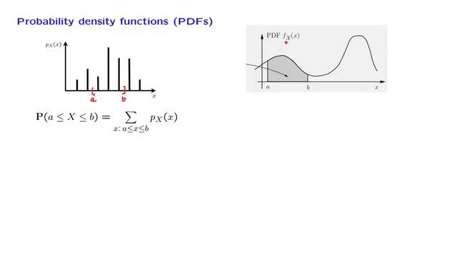We use the probability density function to calculate the probability that x lies in a certain interval, let's say the interval from a to b. And we calculate it by finding the area under the PDF that sits on top of that interval. So this area here, the shaded area, is the probability that x takes values in this interval.